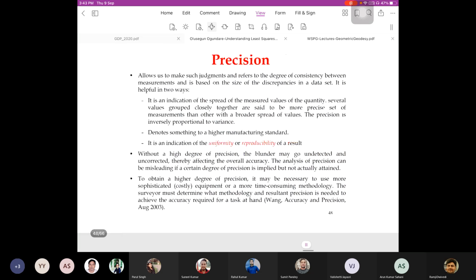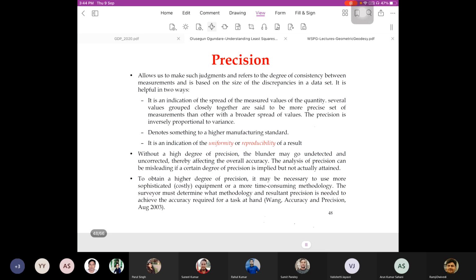So another term is precision. Precision allows us to make such a judgment, and refers to the degree of consistency between measurements, and is based on the size of discrepancies in the data set. We generally have this understanding that precision is measured as closeness among observations, how well we are repeating our observation, isn't it?